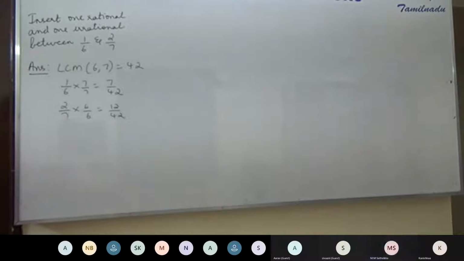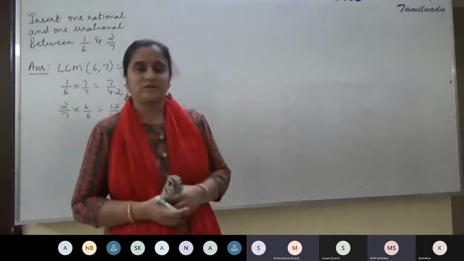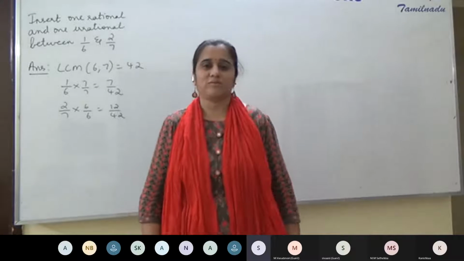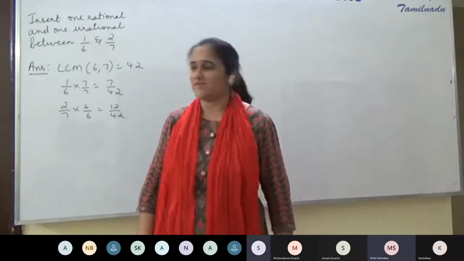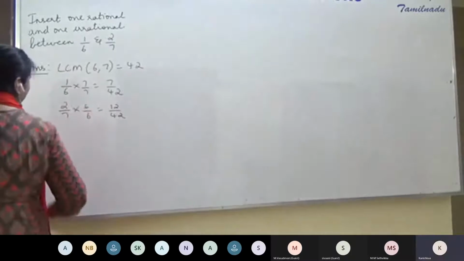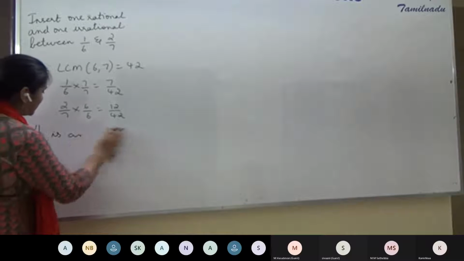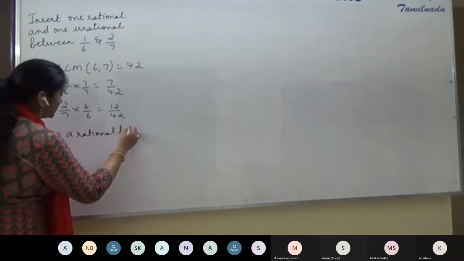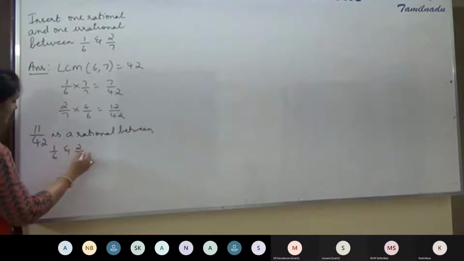Yes, 11 by 42 is a rational between 1 by 6 and 2 by 7.